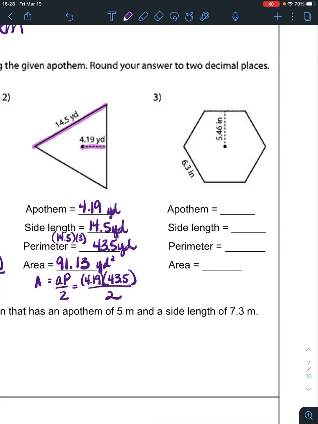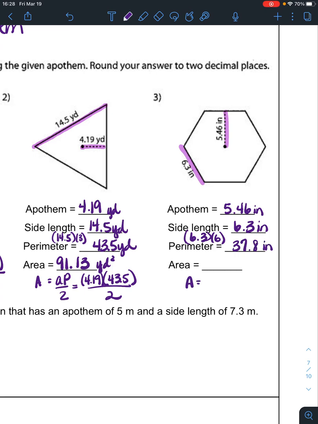All right, here we have a hexagon, and it is a regular hexagon. It has an apothem of 5.46 inches. It has a side length of 6.3 inches. That means it has a perimeter of 6.3 times 6, which is 37.8 inches.